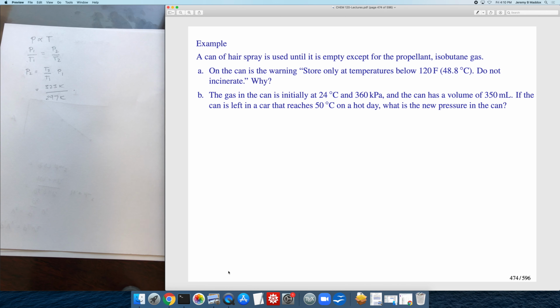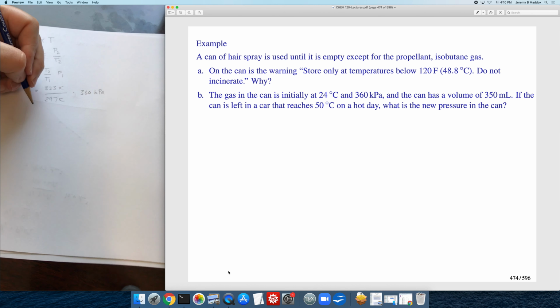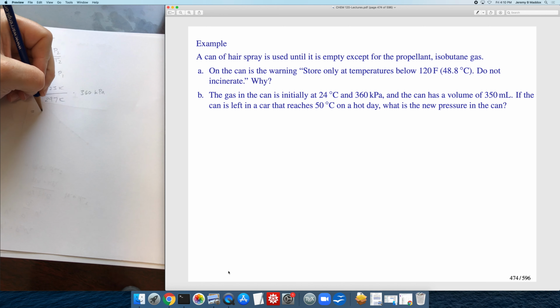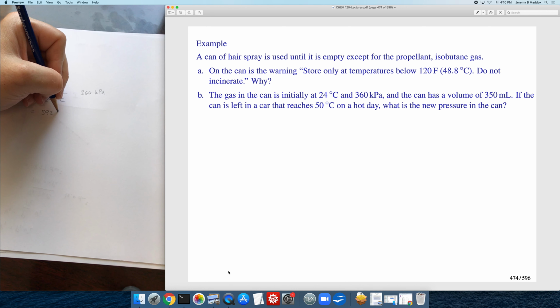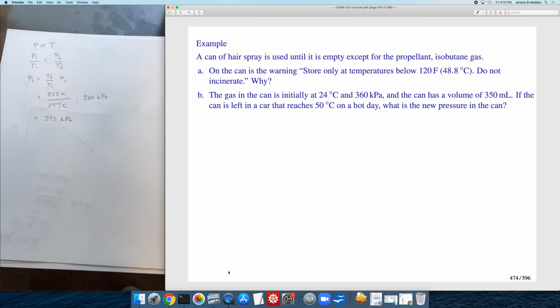Multiply that by the initial pressure, 360 kilopascals. And I'm getting 392 kilopascals for the new pressure. So that's an illustration of Gay-Lussac's law.